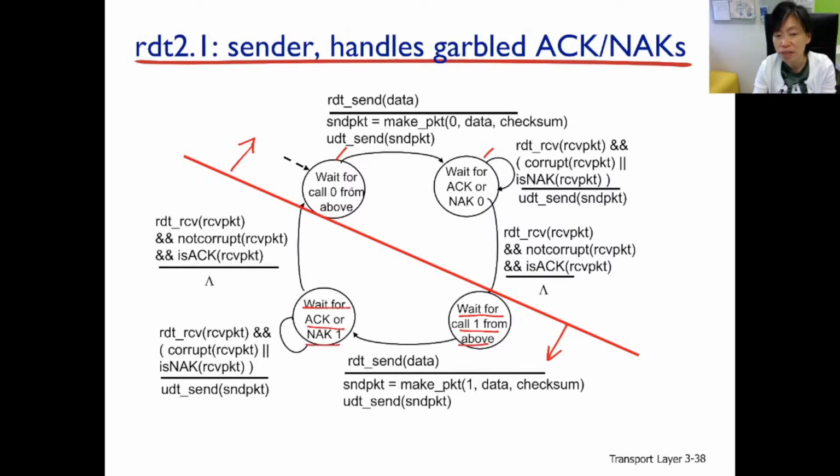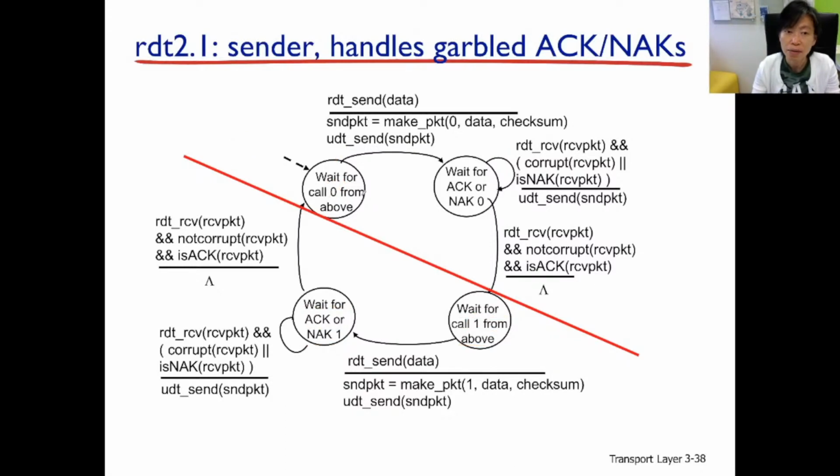The only difference is wait for call for packet 0 from above versus wait for call for packet 1 from above. We just talked about the sequence number required to separate a fresh packet from a duplicate, a retransmission of an existing packet. So having 0 and 1 is a way to tell a duplicate packet apart from a fresh packet. So we do need to have the separation here in the RDT 2.1 sender.